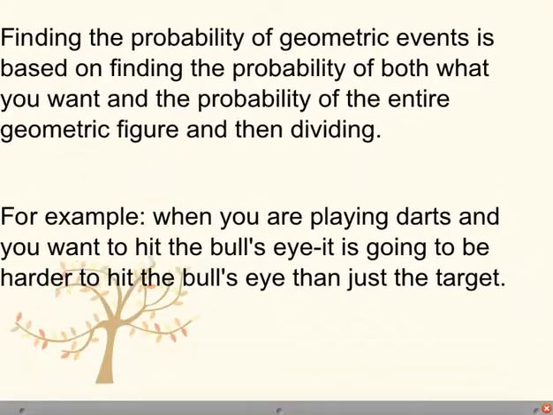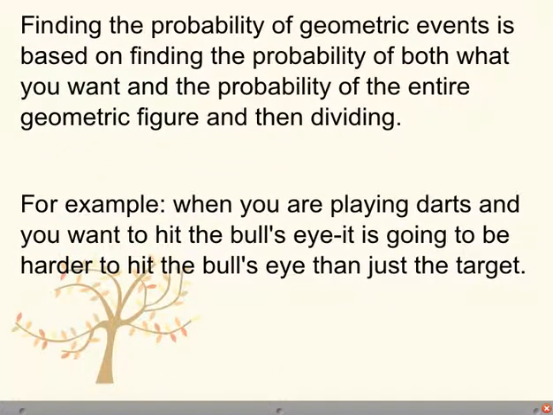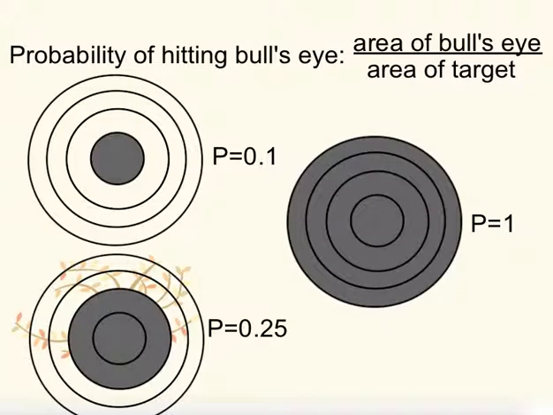We have the entire target, that circle, and then we have the little bullseye in here. And we have different sections that are worth different points, right? Well, it's much harder to get in that bullseye portion than in the rest of the pieces. So we could talk about the probability of getting in that piece. It would have a small percentage.